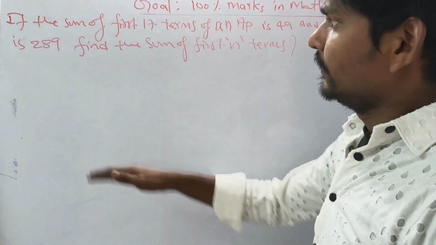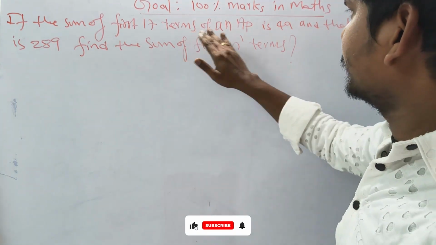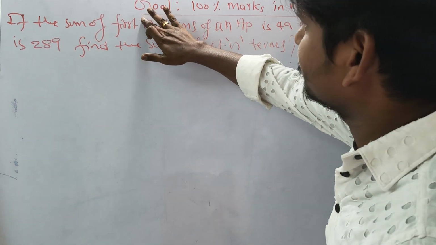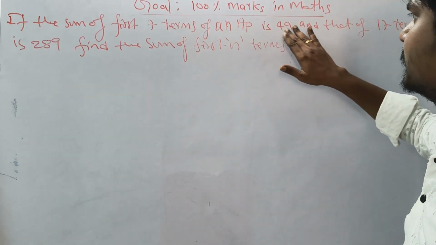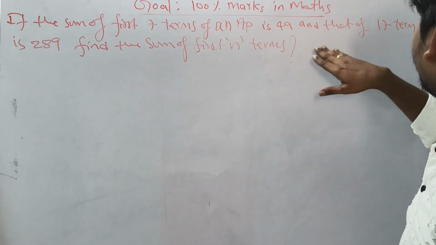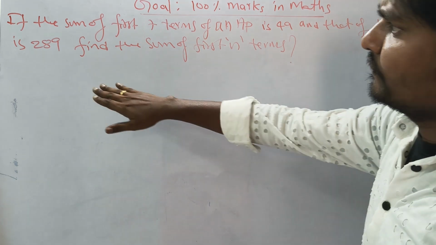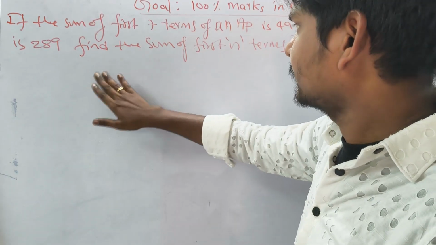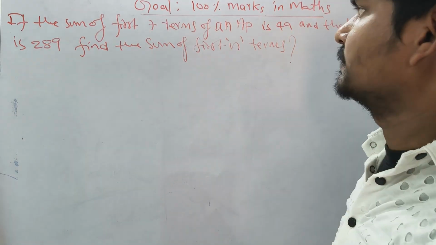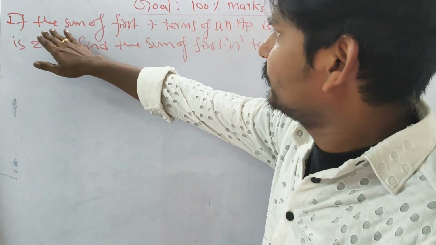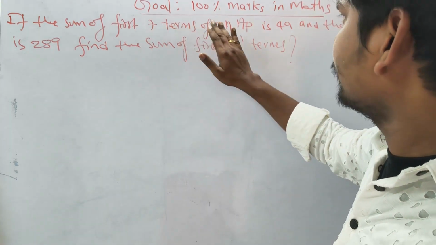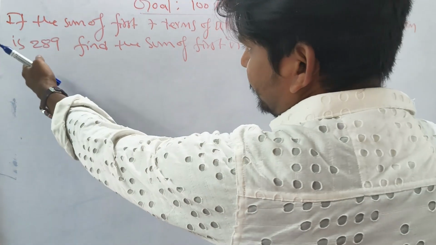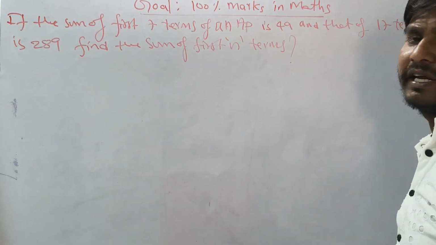Next question, a somewhat challenging question. If the sum of the first 7 terms of an AP is 49 and that of the first 17 terms is 289, find the sum of the first n terms.